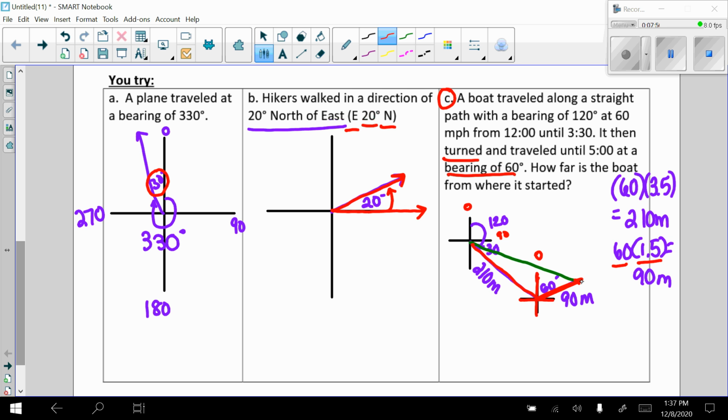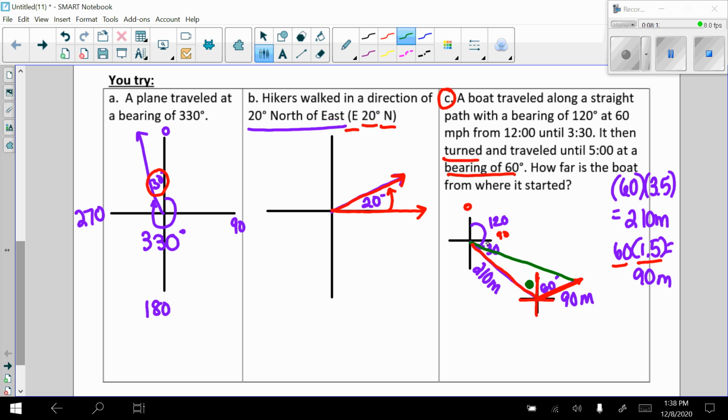Now the question is, how far is it from where it started? So the green segment represents that. Now I know we weren't actually asked to solve this, but we would have to piece a little bit more information together. So if we were going to solve this, we would need to know what this angle is right here.